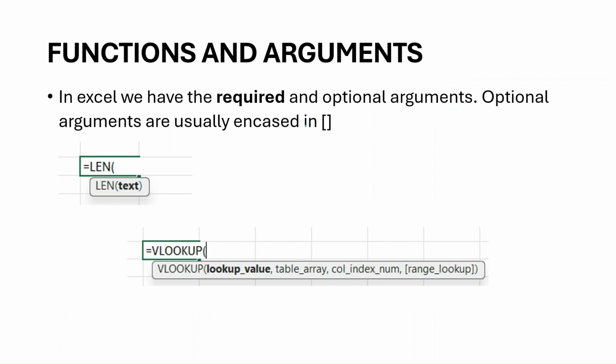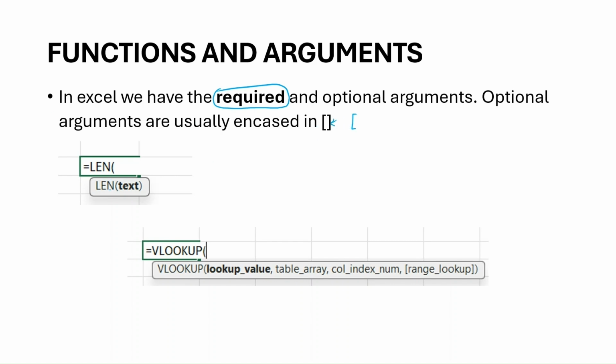Now, if you remember, we did say functions have a varying number of arguments required. In Excel, we actually have required arguments and also optional arguments. Optional arguments are usually encased in square brackets, as we see here.